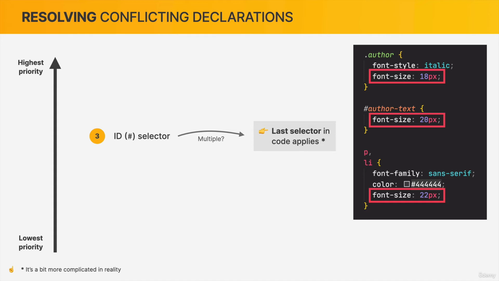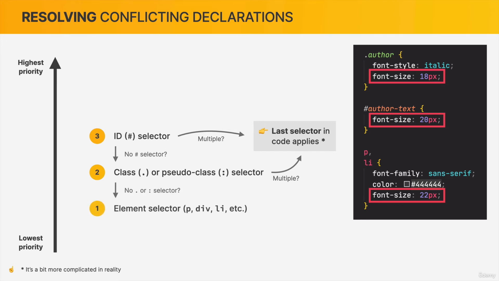All right, but anyway, in case there is no ID selector, then the next in the priority is a class or a pseudo class selector. And again, if there are multiple of one of those, then it is the last selector of those in the code that gets applied. Then the next is the element selector.